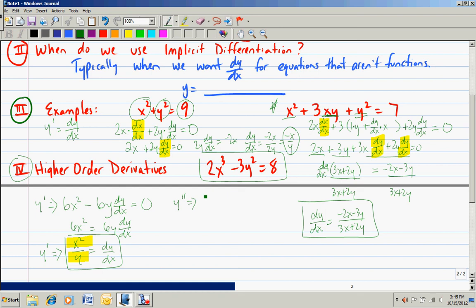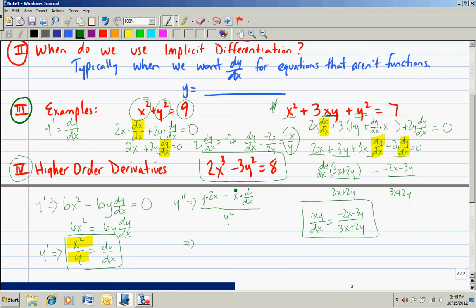I have to use the quotient rule. Quotient rule is ho d hi minus hi d ho over ho ho. So ho d hi, so y times the derivative of the hi function, 2x, minus hi d ho, the hi function, times the derivative of the bottom function, which is dy/dx, all over the bottom squared.